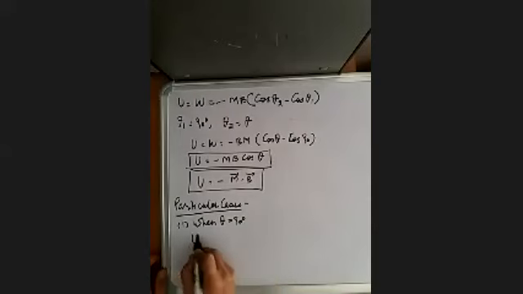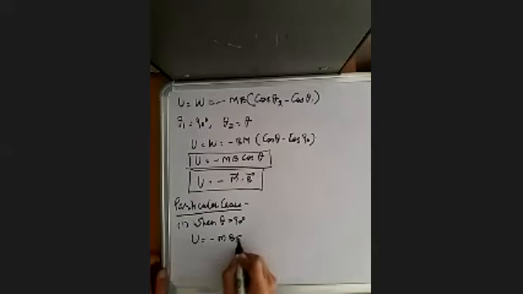In that case, U will be equal to minus MB cos 90, and it will be equal to 0.